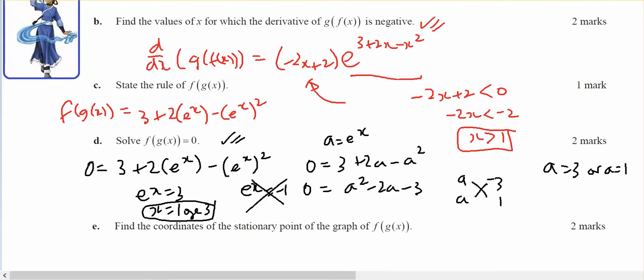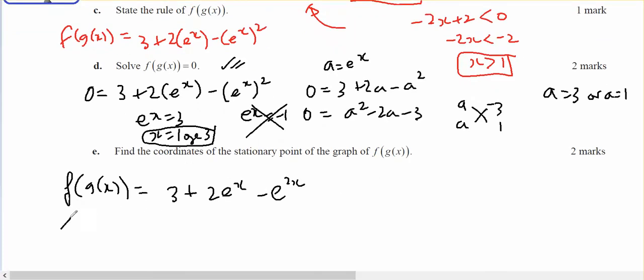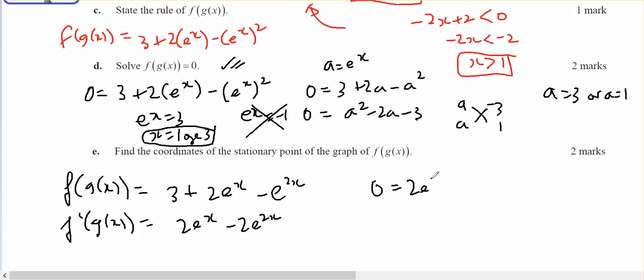Coordinates of the stationary point of f of g of x. So f of g of x equals 3 plus 2e to the x minus e to the 2x. I'm looking for the derivative. So f dash of g of x equals 2e to the x minus 2e to the 2x. If I set that equal to 0 and take a 2e to the x out as a common factor, I've got 1 minus e to the x.